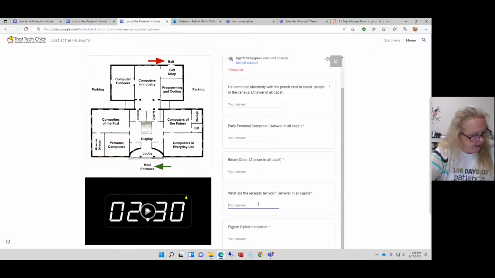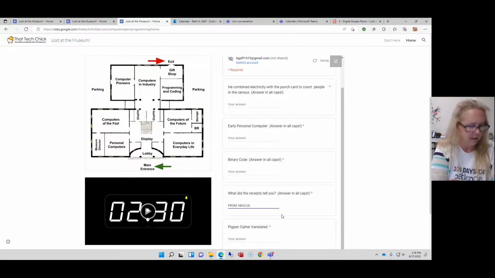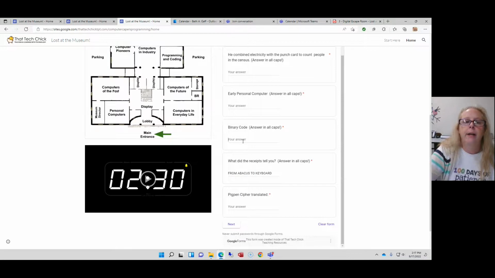What did the receipts tell you? From abacus to keyboard. Binary code.